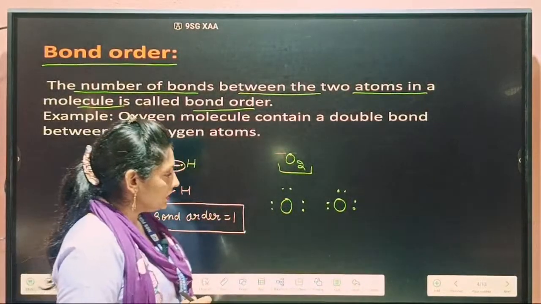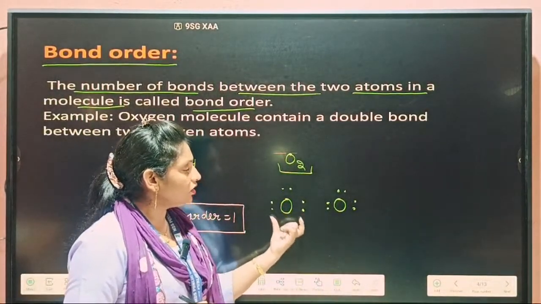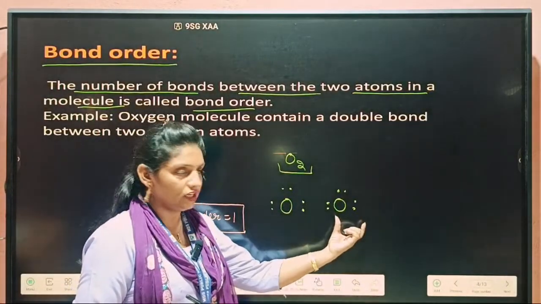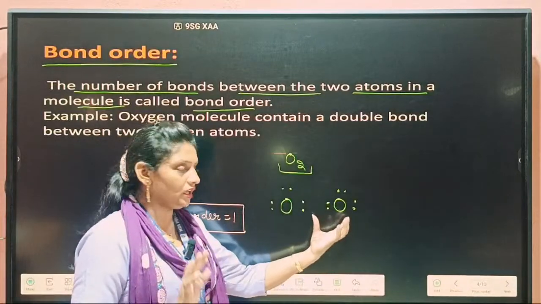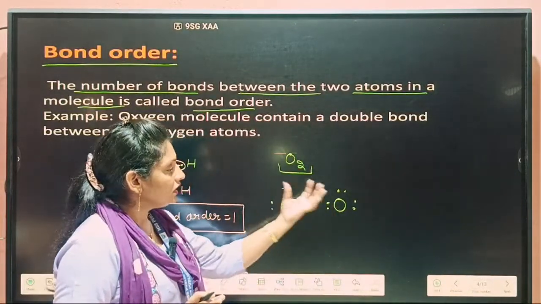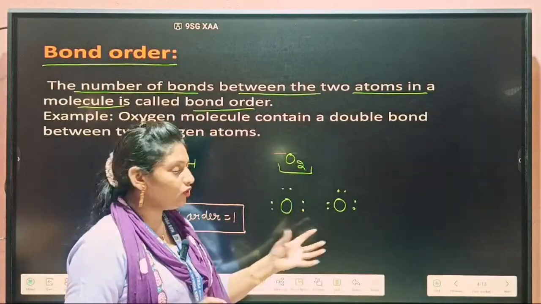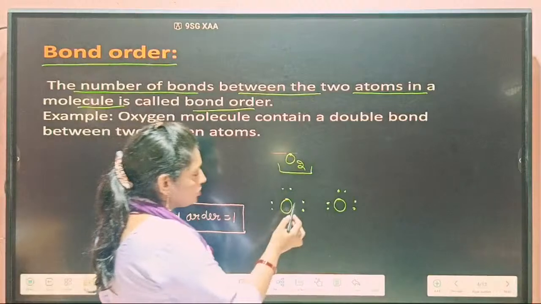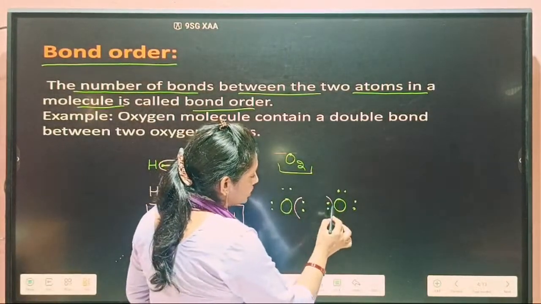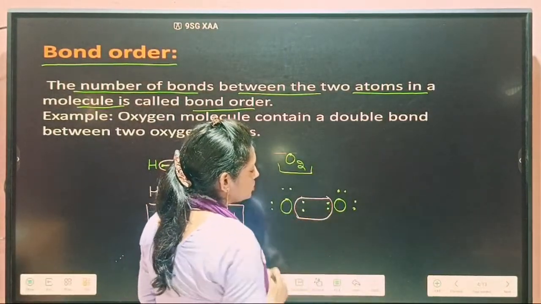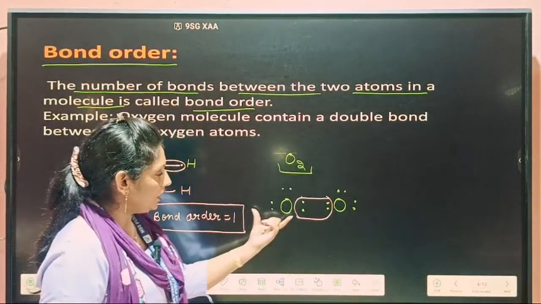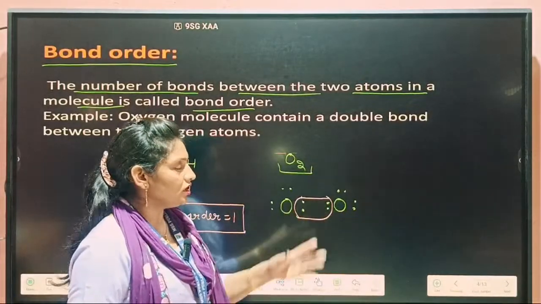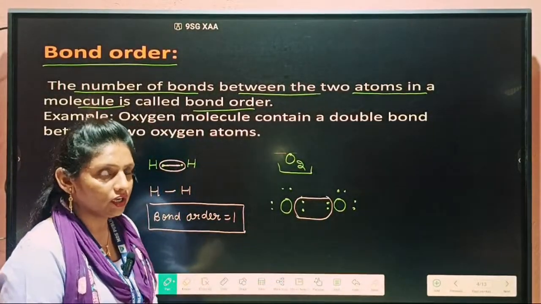This one oxygen needs 2 more electrons for completing its octet, and this one also needs 2 more electrons. Then they can do mutual sharing. 2 electrons are shared by this one and 2 electrons are shared by this one. After sharing, it has 6 plus 2, 8. This one also 6 plus 2, 8. So both are completing their octet now.